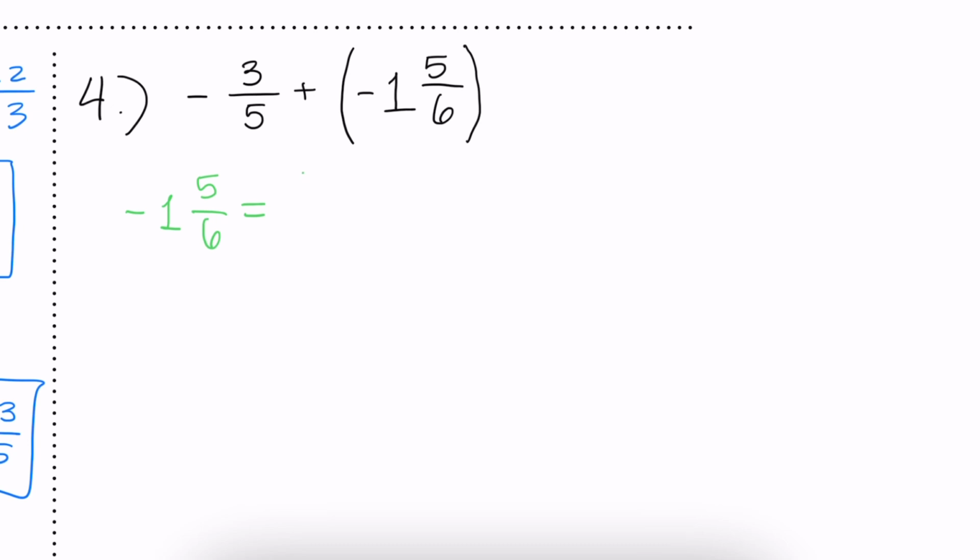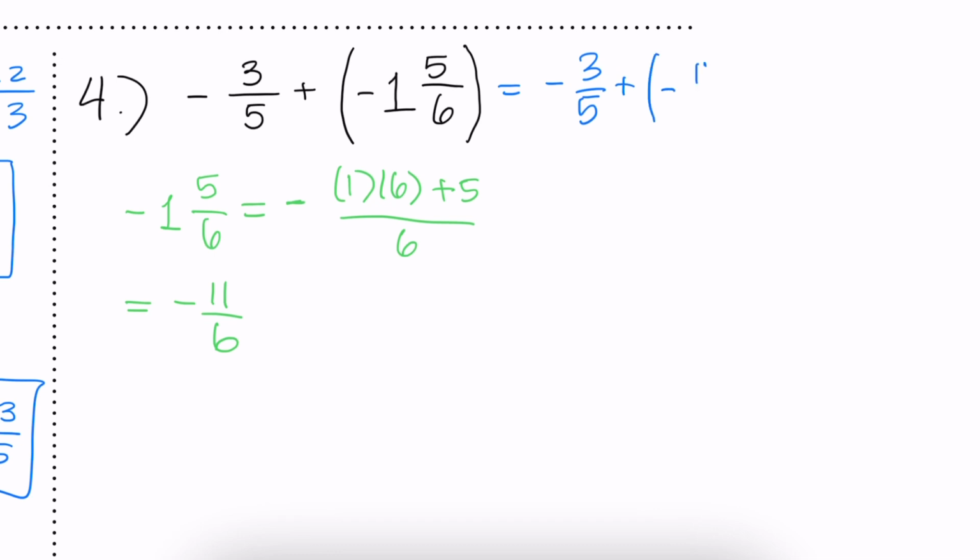So it's going to look something like negative 1 times 6 plus 5 over 6, which is the same as negative 11 over 6. So essentially the question here is negative 3 over 5 plus, well, this is negative, so negative 11 over 6.